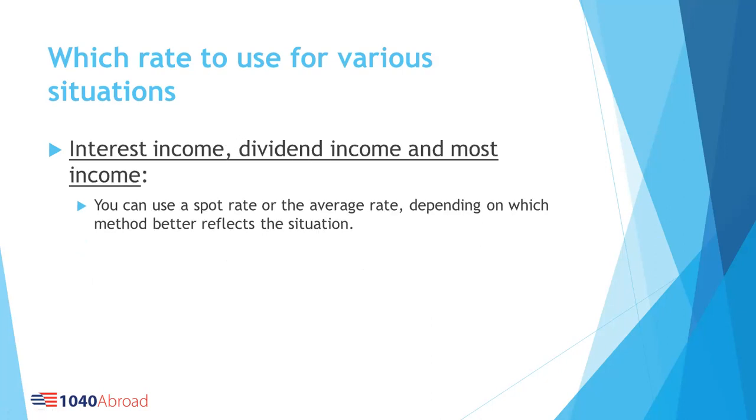Most items on your tax return, you actually have some flexibility between using the spot rate on the date of every transaction or the average rate, whichever method better reflects the situation. In most cases, it's fairly cumbersome to use the spot rate, and the end result will be very similar whether we use the spot rate or the average rate.